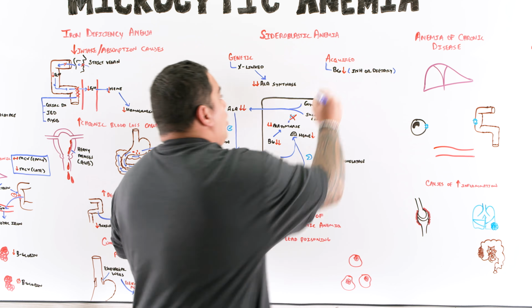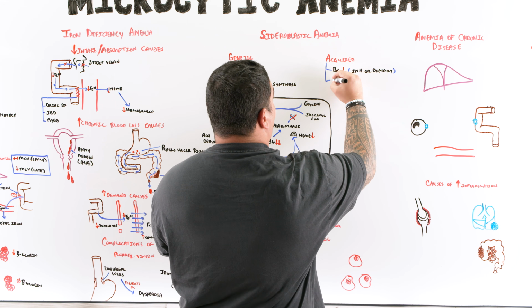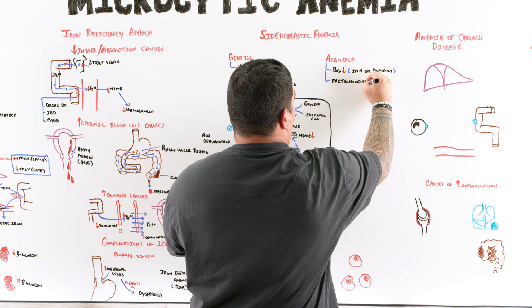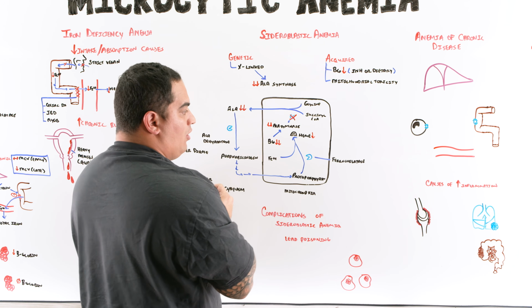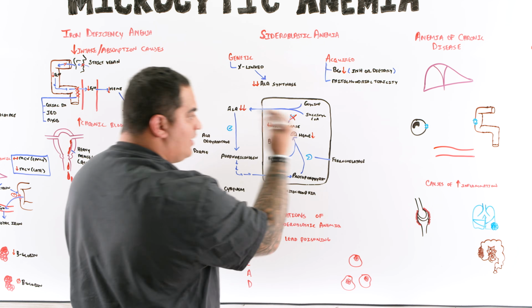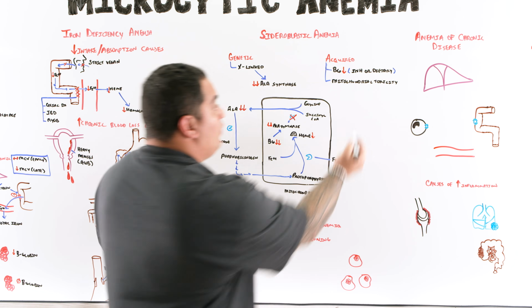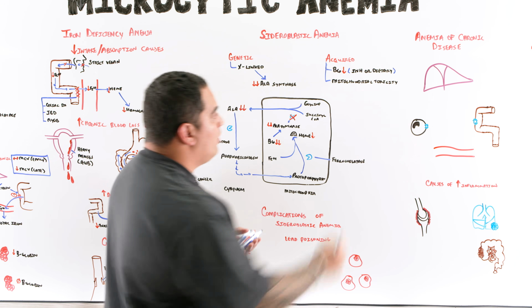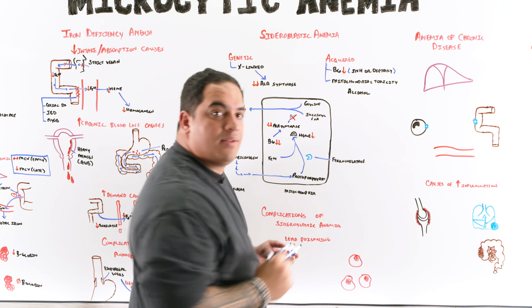The other ones are all things that cause mitochondrial toxicity. And as we see here, the ALA synthase is located in the mitochondria, the ferrochelatase is located in the mitochondria. These are key things that are involved in heme synthesis. If we cause toxicity to the mitochondria, can we make heme? No. So what are some things that cause this? Alcohol. What else?